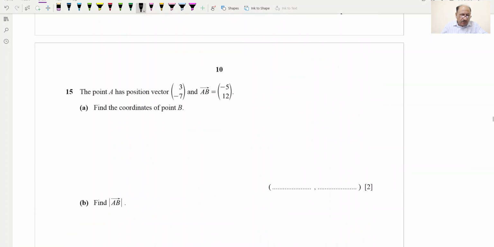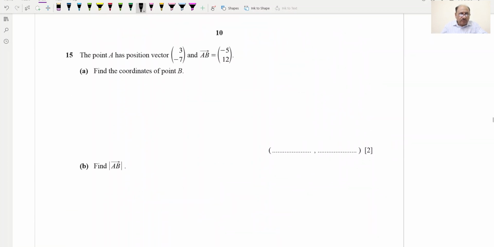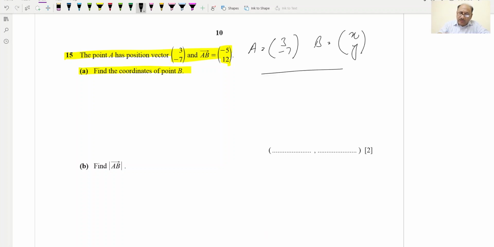Hopefully you understood this. Now question number 15. A point A has a position vector, this one, and AB is also given. Find the coordinates of B. A is basically (3, -7), and B we can take as (x, y) because we don't have B. From A and B we can record AB.